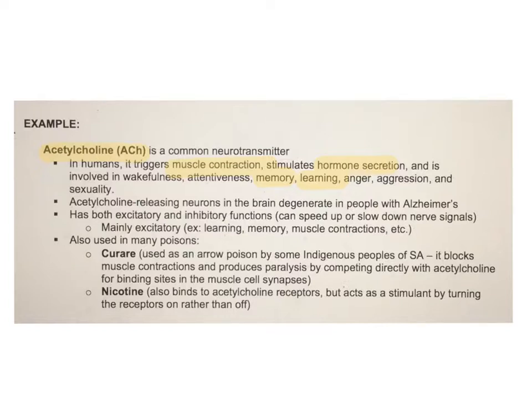They've also used acetylcholine, its ability, in different types of poisons throughout history. So curare was used as an arrow poison by some indigenous peoples of South America. And what it does is it blocks muscle contractions and produces paralysis by competing directly with acetylcholine for binding sites in the muscle cell synapses.